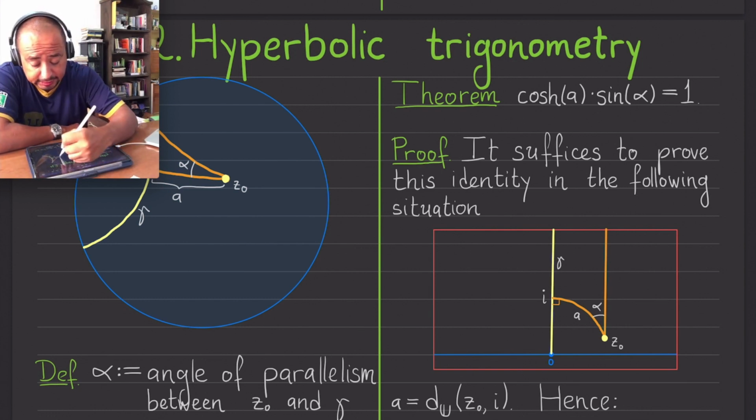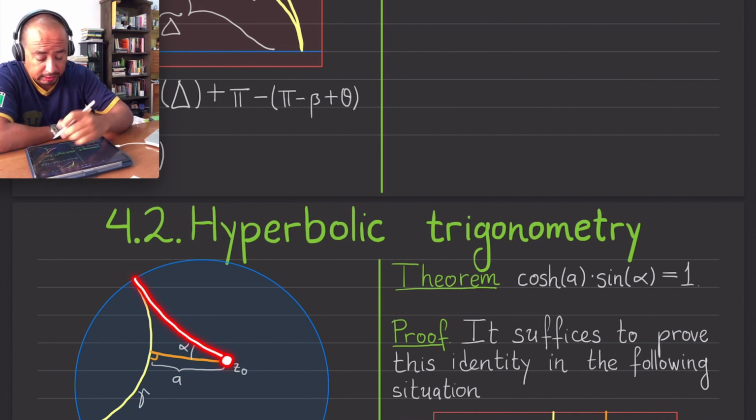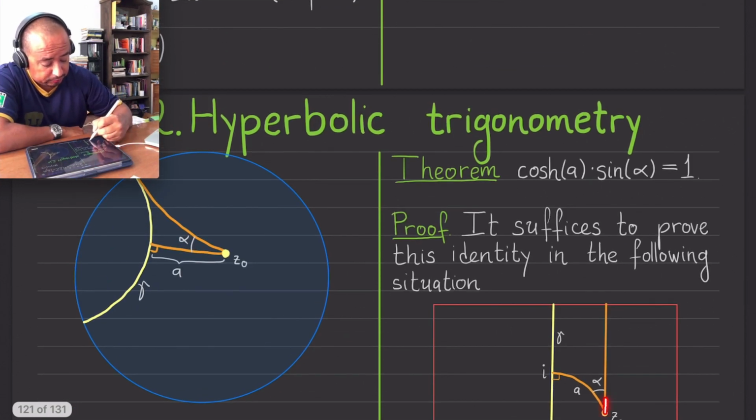Since originally we had drawn the half geodesic that goes from z naught to this point at infinity, here it should be a Euclideanly vertical ray, because this point at infinity is actually the point at infinity of C bar.